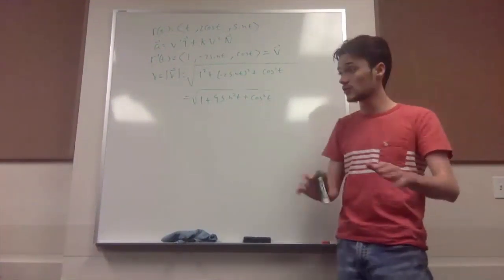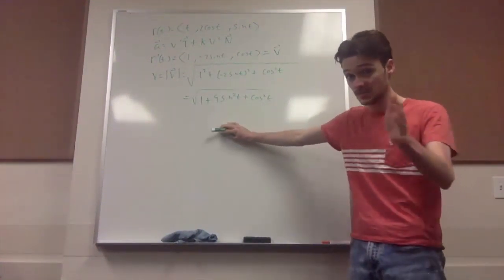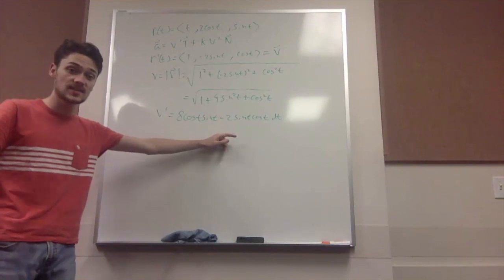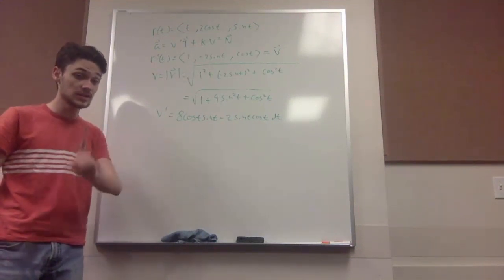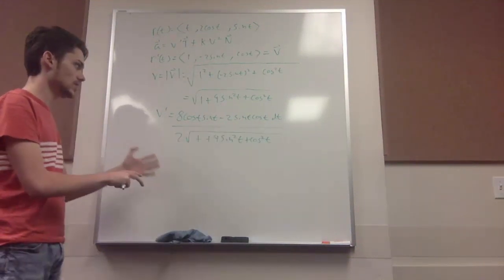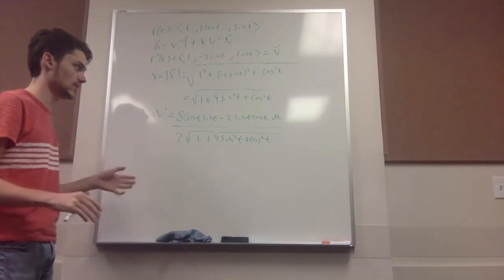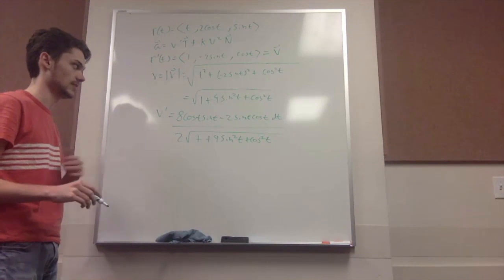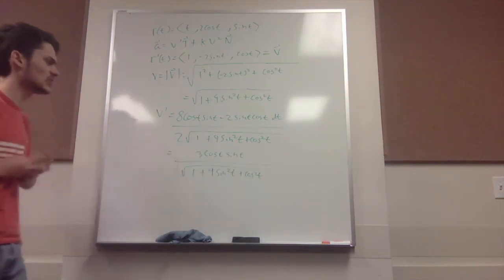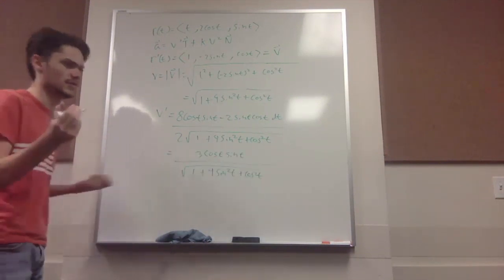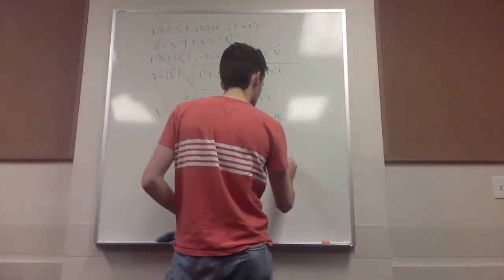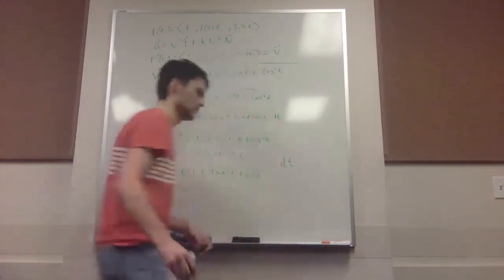If we tried to take the derivative of the speed equation v, this is what happens. This is just the derivative of the inside. We still need to do chain rule. So now we've multiplied by the derivative of the outside. So let's try simplifying this a little bit and seeing if anything comes of it. I mean, it looks less complicated. Oh, I forgot the dt. Never forget your dt, kids.